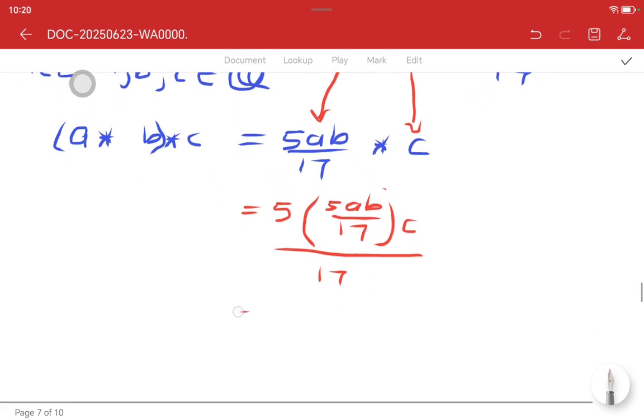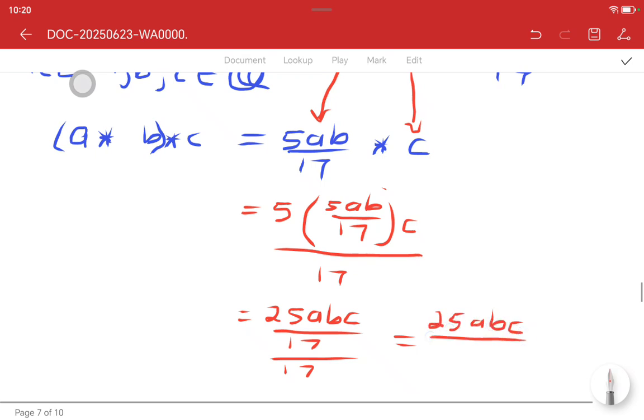Then that will be 5 times 5, which is 25ABC over 17 over 17. And what is 17 times 17? It will be 25ABC over 289.